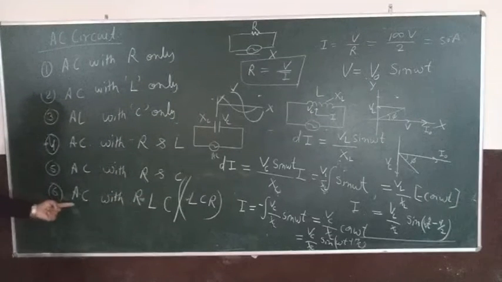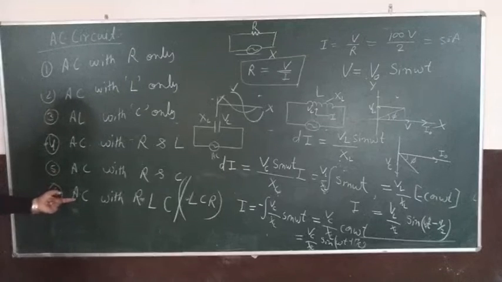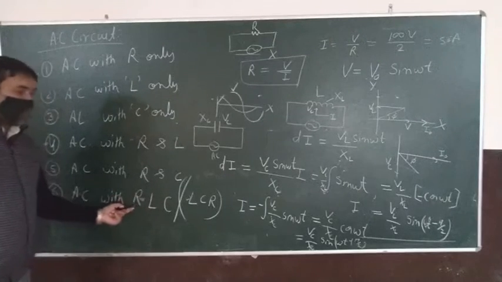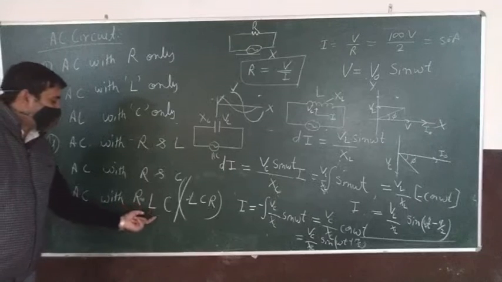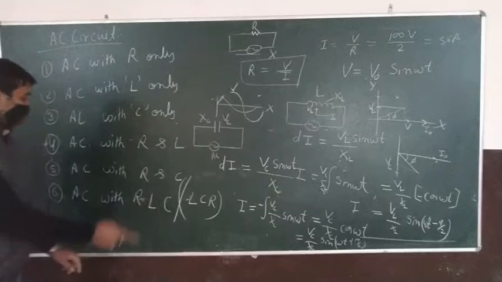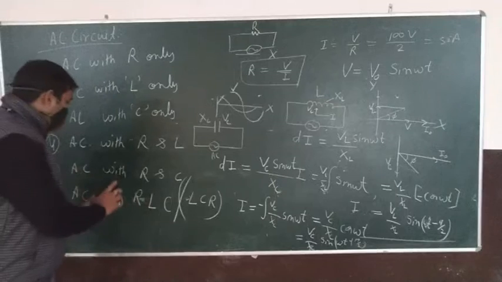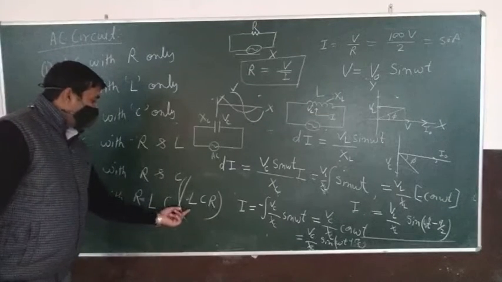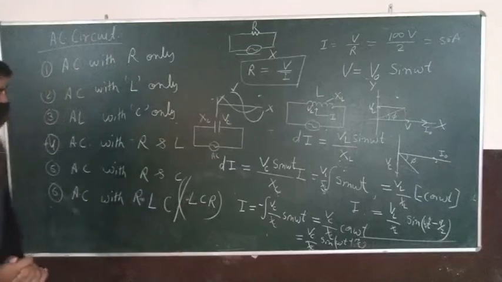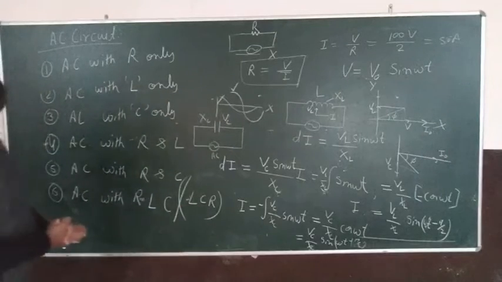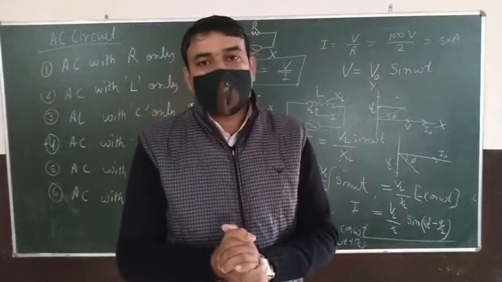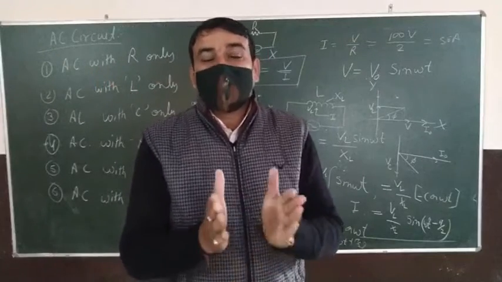And then we learn the very most important part, the LCR circuit, that is AC circuit with RLC: R for resistance, L for inductor and C for capacitor. This is also very commonly pronounced as LCR circuit.